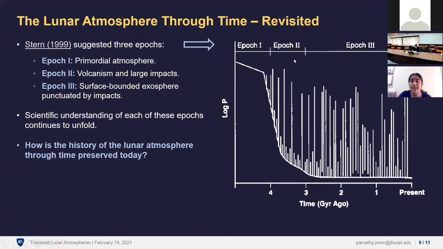Early on, in this second epoch, you had the really large impacts, and the size of impacts likely declined with time. And then we reached the present day, where the lunar atmosphere is usually very thin, but sometimes you can still have these impacts that can raise the atmospheric density temporarily before they gradually decay. Each of these processes is still an active area of study.